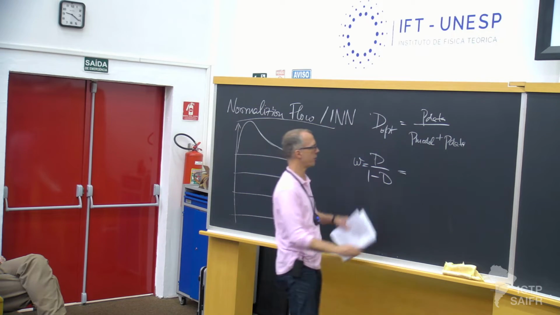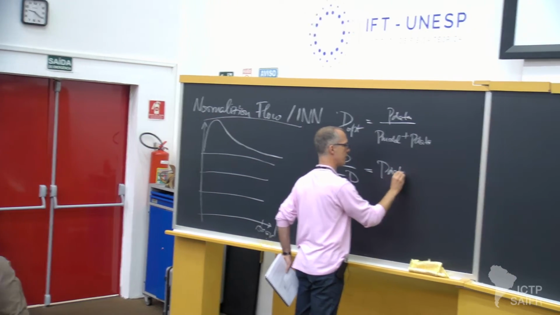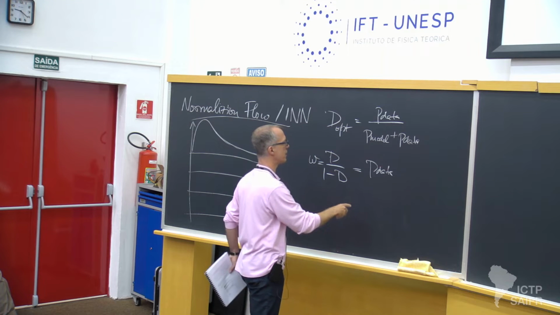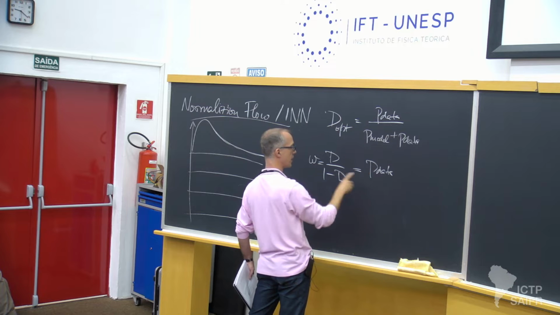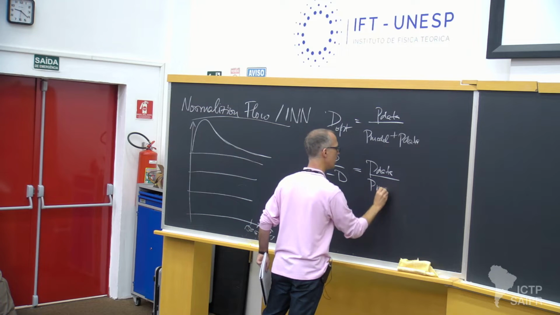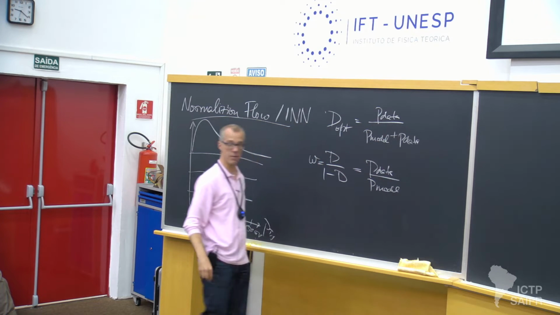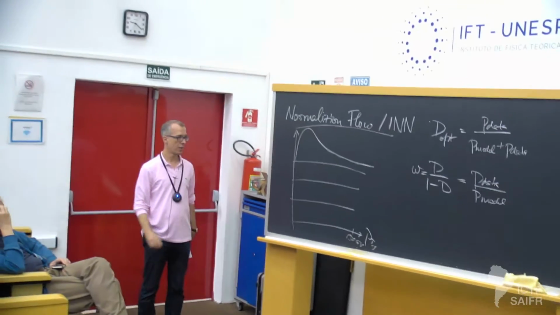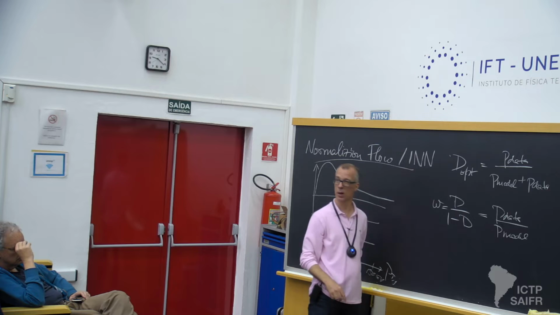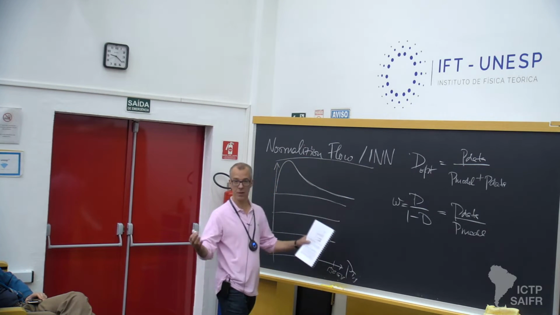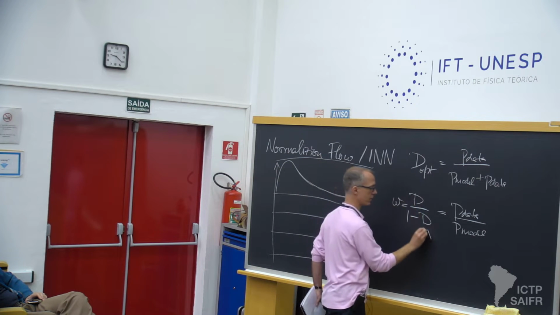Then from the d this will give us p data. From the 1 minus d, it will give us p model plus p data minus p data, divided by p model. And the numerator cancels, right? So this combination, which I called conveniently W, like weight, is constructed out of a discriminator that I can train.